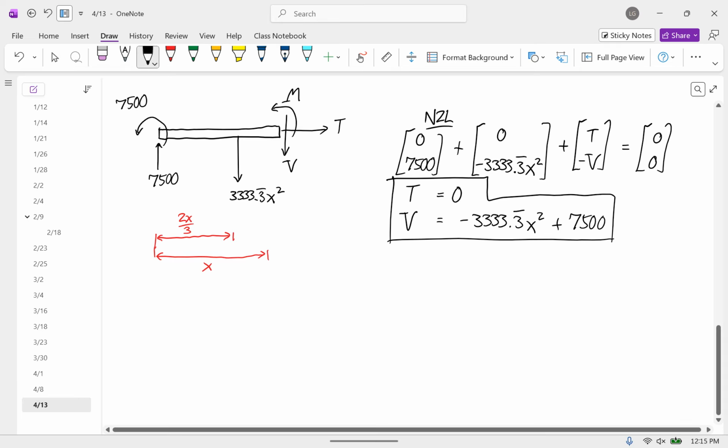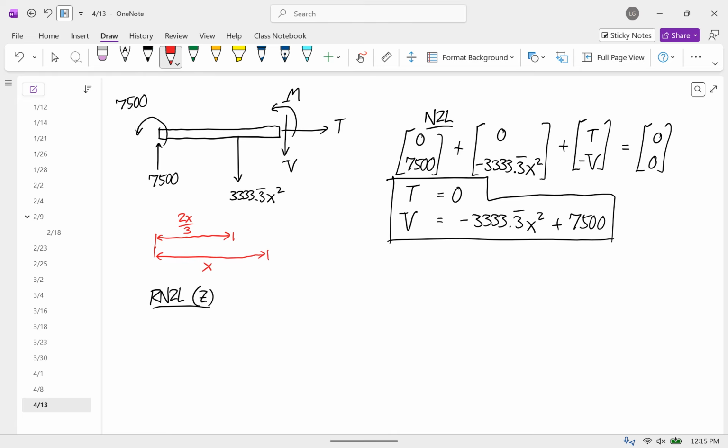And then we'll go to the moment equation. This is about the z-axis, and our about point is here. So we have the couple of 7,500. Then we have a moment arm of 2x over 3 with a force of 3,333.3 repeating x squared. And is that a clockwise or counterclockwise moment? Clockwise, so we want the negative. And then we have plus M minus Vx is equal to 0.